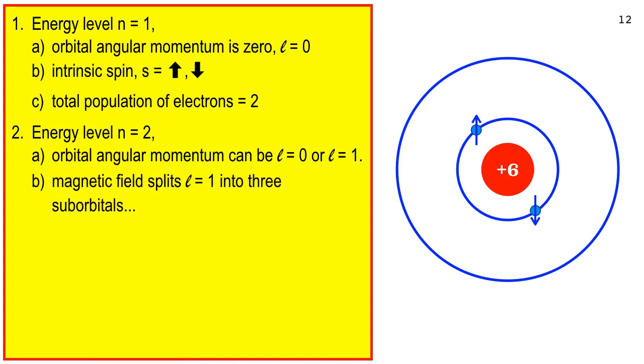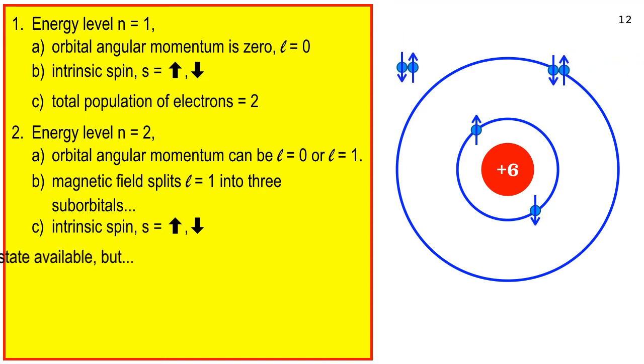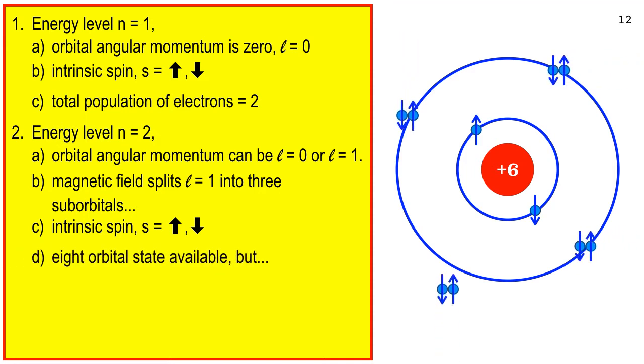Now, as you can read in the textbook, the magnetic field, if you apply it, will split the L equals 1 into 3 suborbitals. And the intrinsic spin is up and down, so that's a total of another 6, and a total of 8 in energy level n equals 2.